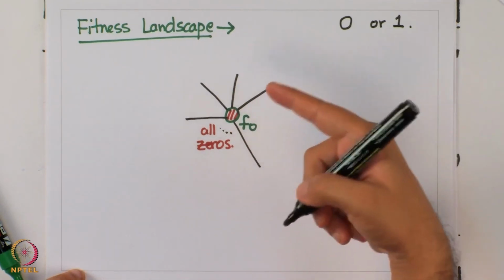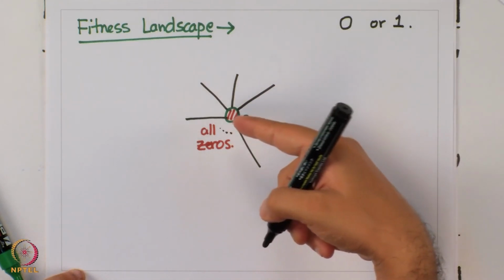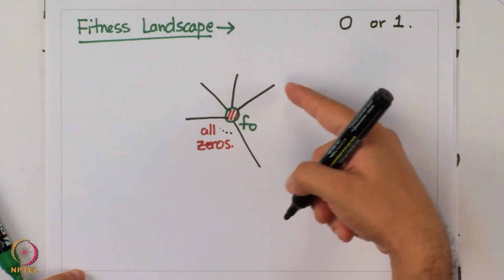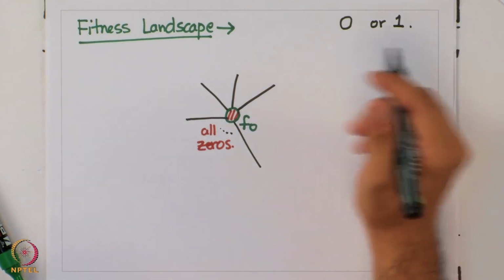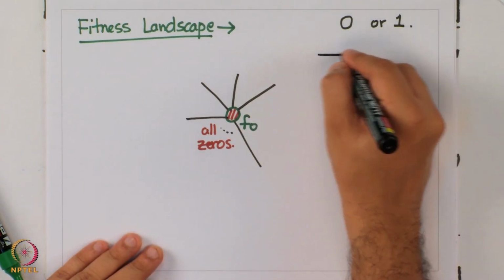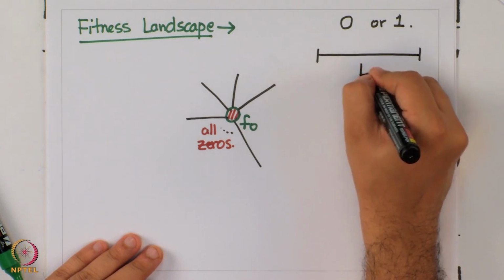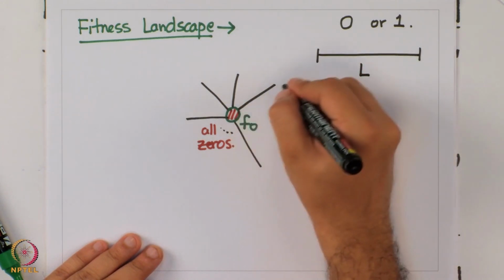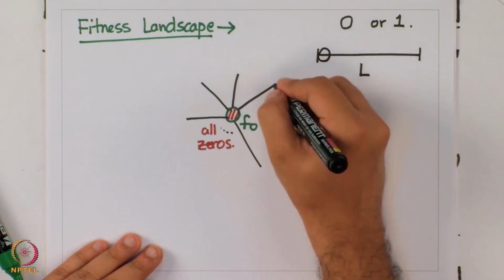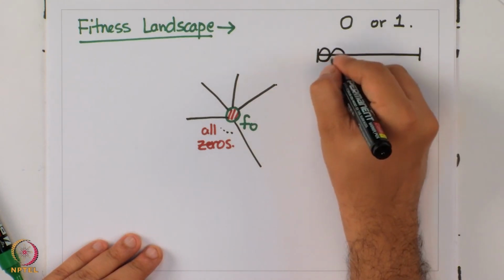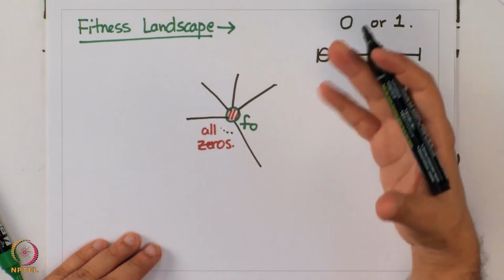The neighbor could similarly acquire one mutation and convert back to this sequence. So, these transitions are possible with just one mutation, and that one mutation could happen anywhere along the length of the DNA. If the length is L, that one difference in the nucleotide sequence could be at position 1, which is this neighbor, at position 2, which is this neighbor, and so on. So, this has L neighbors.